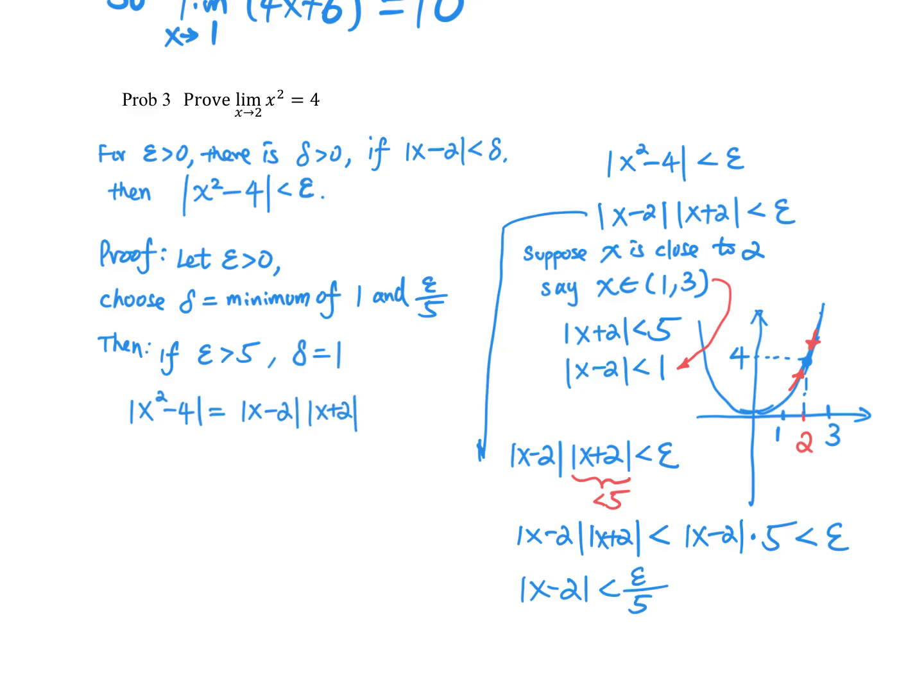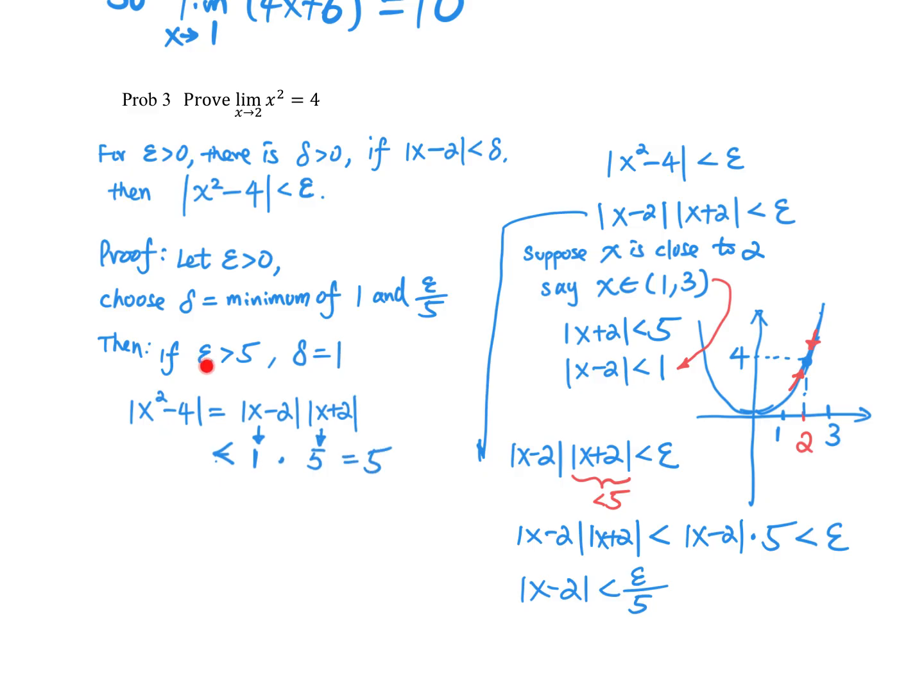And this is going to be less than 1, right? And this is going to be, what do you think? x plus 2 less than 5, okay? Less than 5. And then, isn't that this is equal to 5?